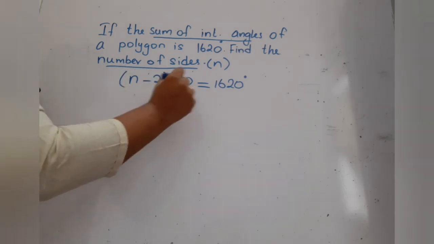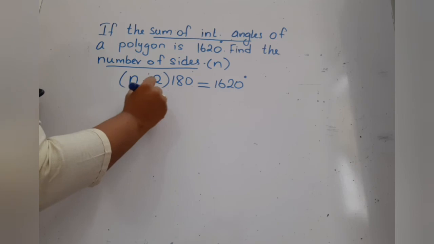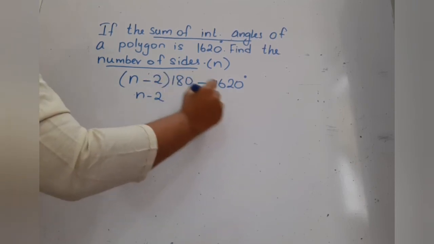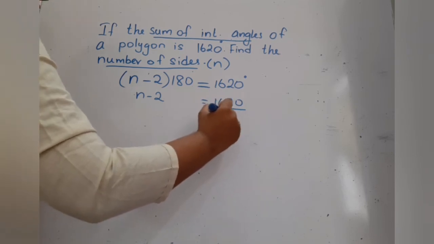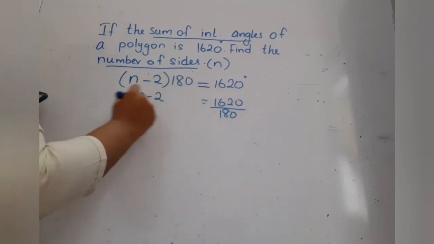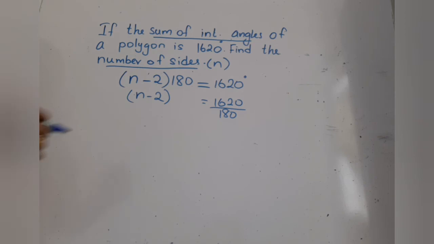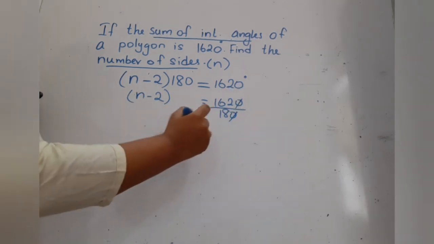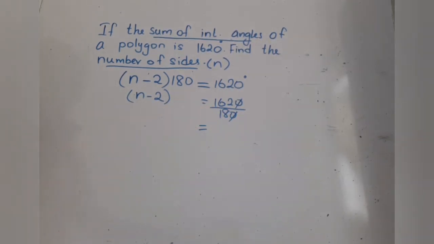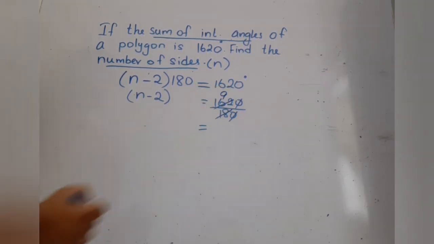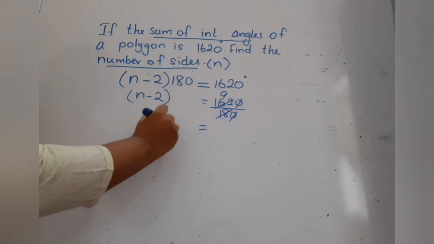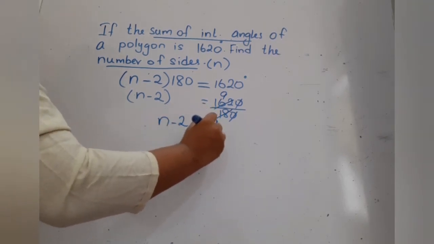So first we will divide this by 180 in order to remove 180. Okay. So this side, n minus 2, will be remaining. If you divide, the answer is going to be 9. Now, n minus 2 is equal to 9.